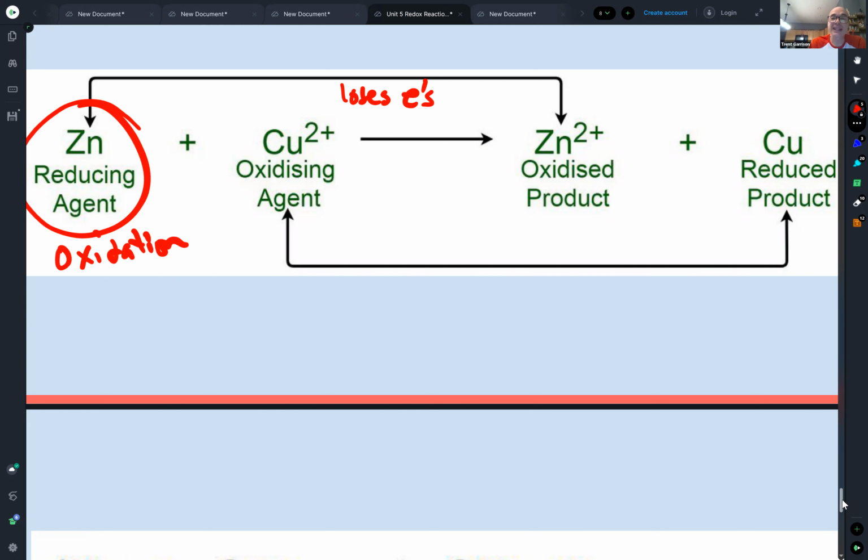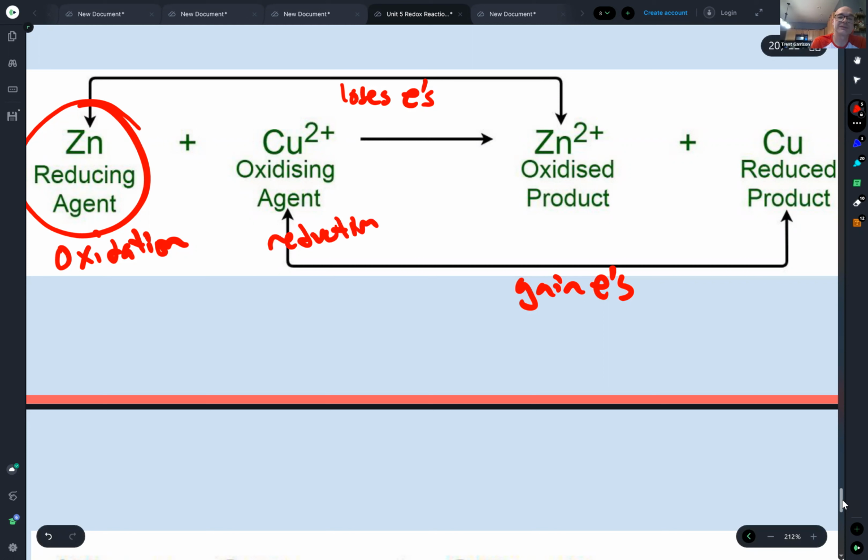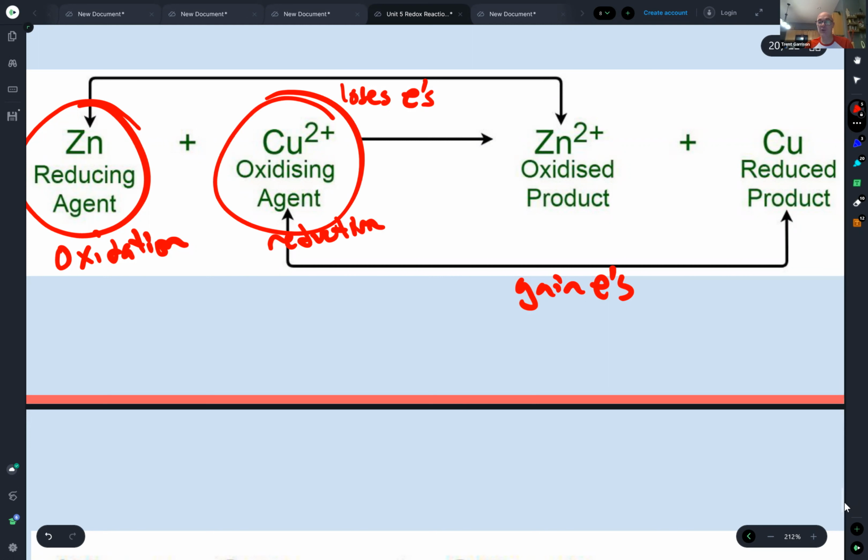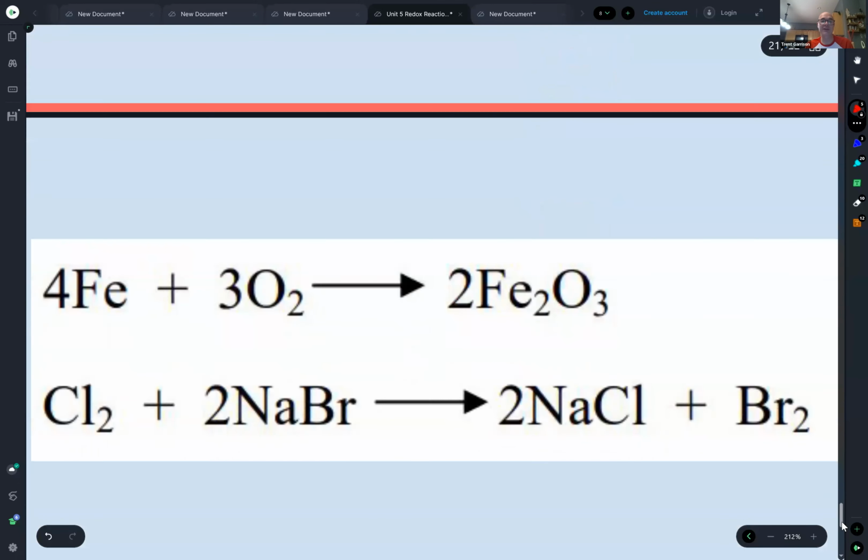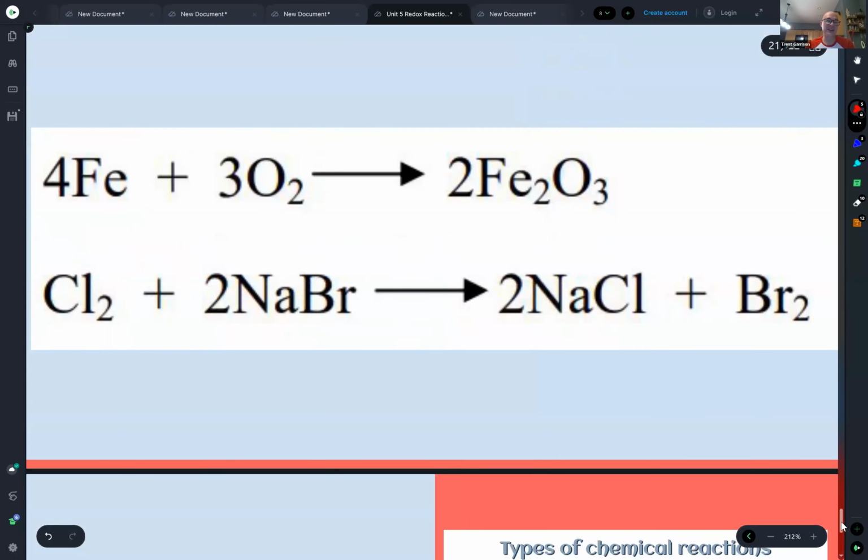The elements that gain electrons, they are the elements that have gone through reduction. These are our last skills that we must be able to do. So I am hopeful that with a little bit more practice, do I have another example? I may have another example. Oh, I have another example. Let's do these and then we're done.